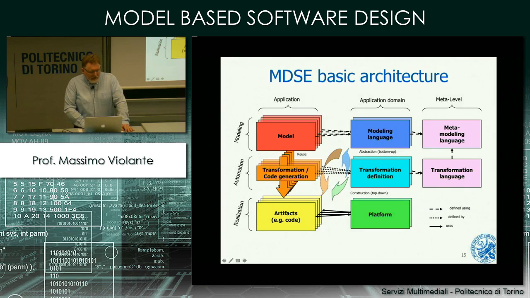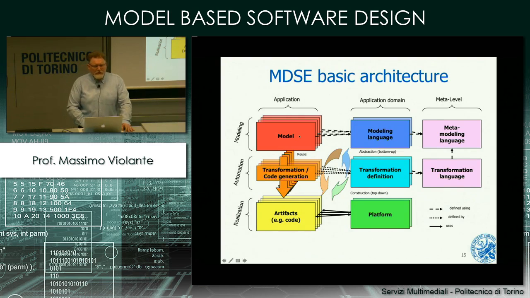Then, let's imagine that we addressed our design here through the model, resorting to the modeling language that is fit for the application we have to deal with. And the modeling language is based on a set of constructs that defines the language, and this is the meta modeling language.